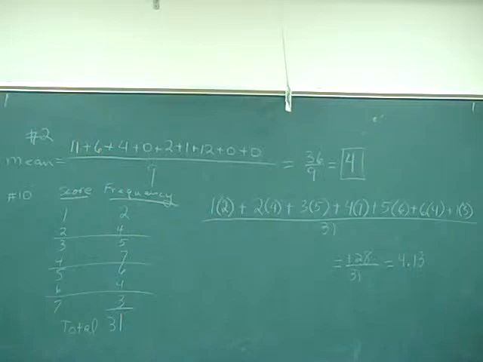And so that's your answer. That's our mean. So see the difference here in this table versus the data just laid out there. You have to be a little careful with how you look at these frequency tables. Any questions with that?